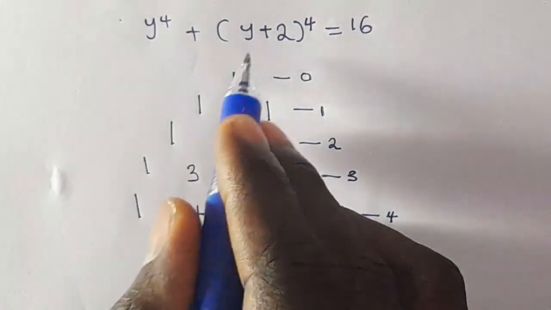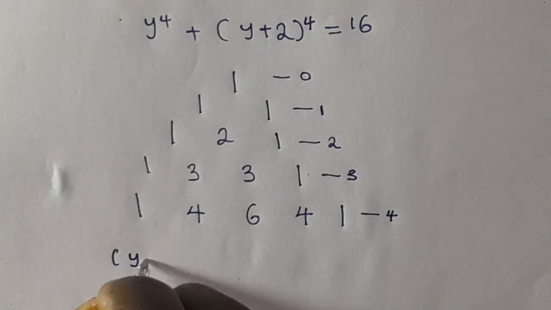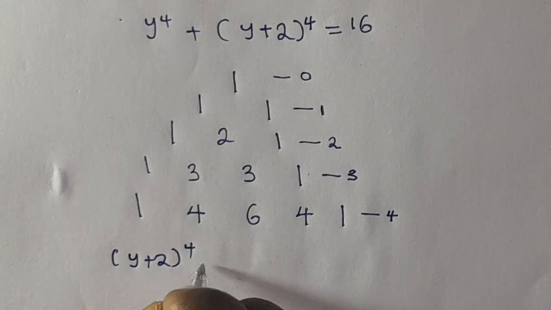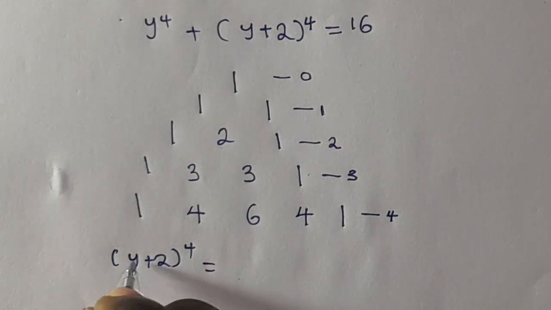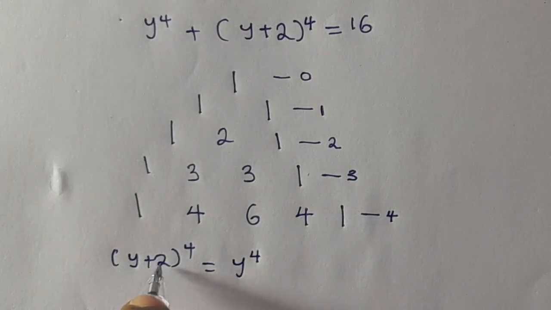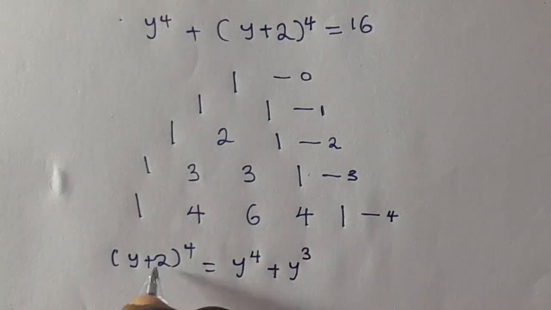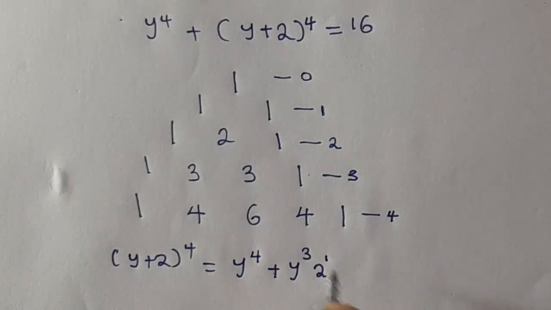So now to expand this, when you have (y + 2)^4, first of all, we have y^4 times 2^0, which equals 1. Plus when this one is y^3, then we have 2^1.